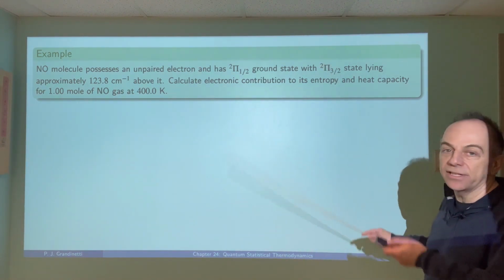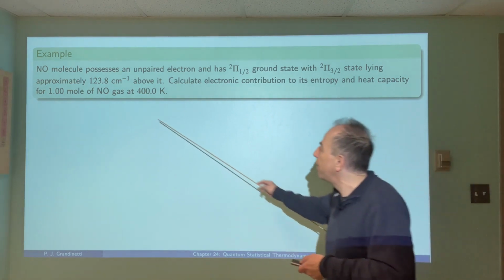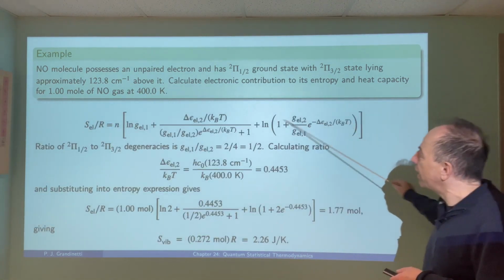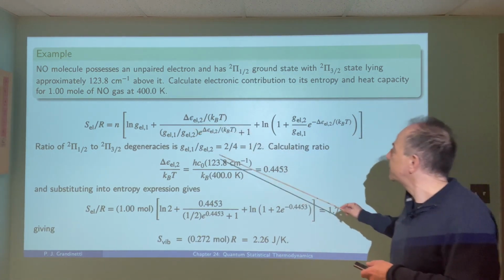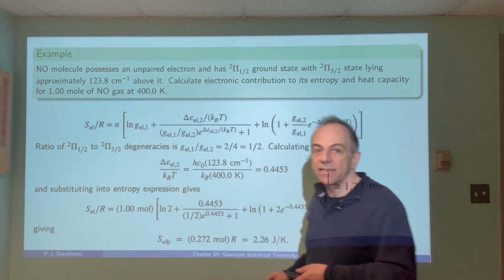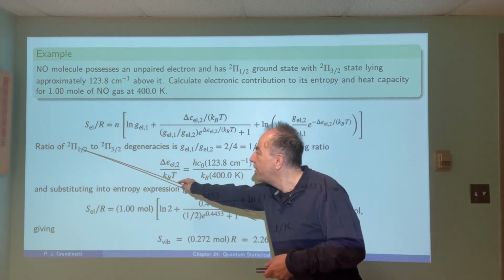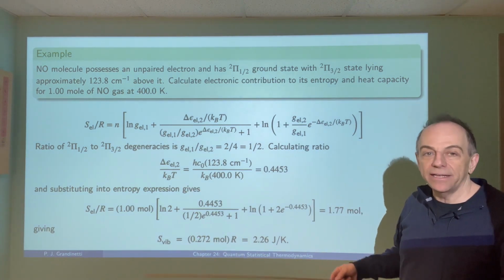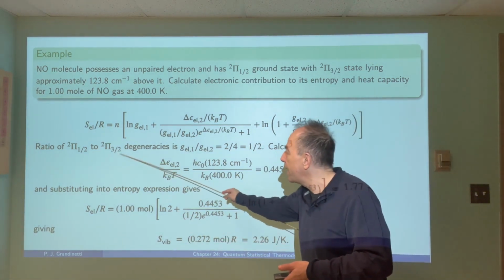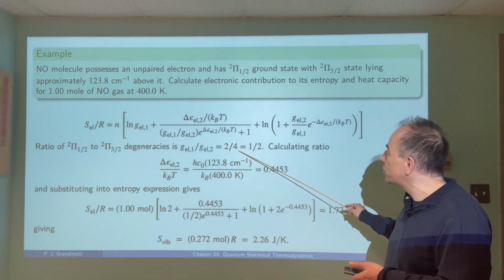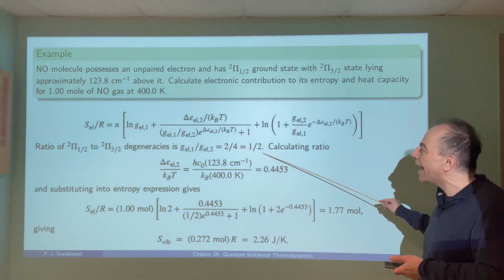And if we wanted to do the same calculation there for 1 mole of the gas at 400 Kelvin, we would take our entropy expression again, just like before, and look at the terms. For the ground state, which has a doublet pi 1/2, 2 times 1/2 plus 1 is 2. And for 3/2, the excited state, 2 times 3/2 plus 1 is 4. So the ratio is 2 over 4, or 1/2.